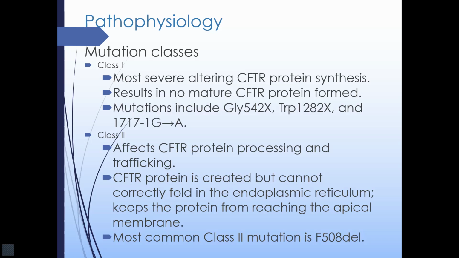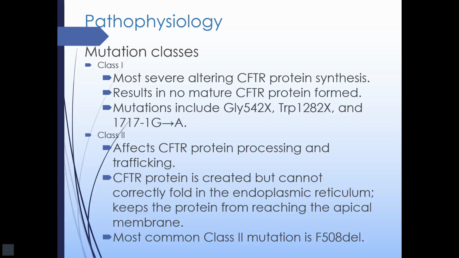These are genetic drugs that have almost taken all of the symptoms of CF away for these patients. Most of them will work very well with patients that fall into that F508 deletion, which is the most common.